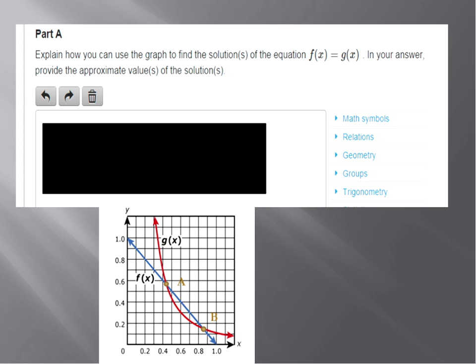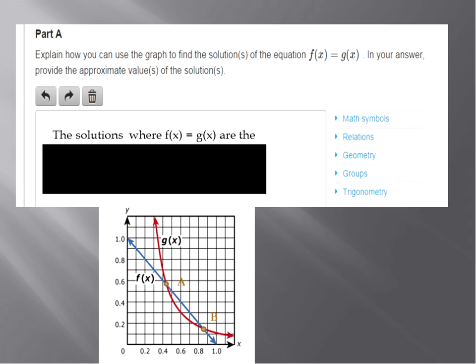Now let's go ahead and find the coordinates by approximating their values. So we're going to approximate the coordinate values at point A and point B. So you can see that this number line is going from 0 to 1. This point lies a little bit less than halfway in between 0.4 and 0.5. So for my x-coordinate of point A, I am going to call that 0.44.